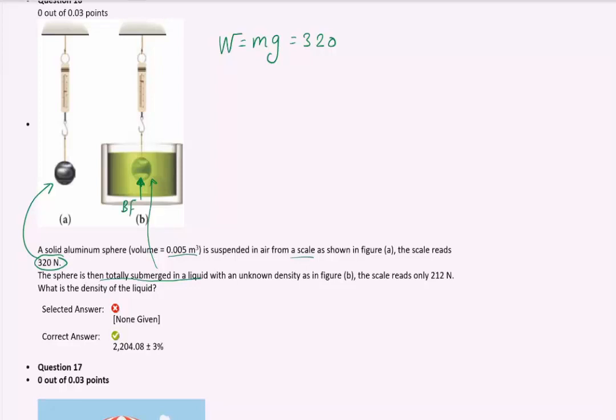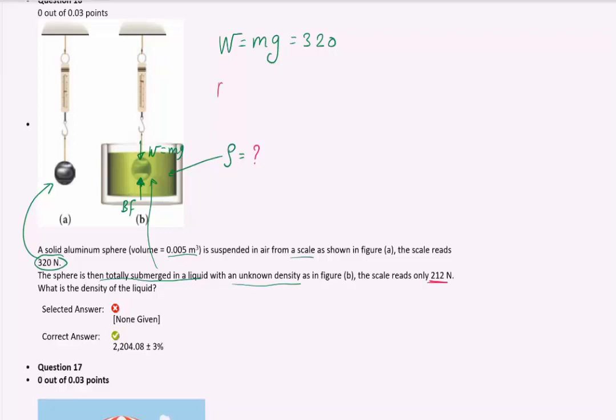So we have the weight of the ball, which is mass times gravity, and we have the buoyant force, and the difference between the two forces is the reading of the scale, with an unknown density. So the density of this liquid is unknown. The scale reads only 212 Newton.